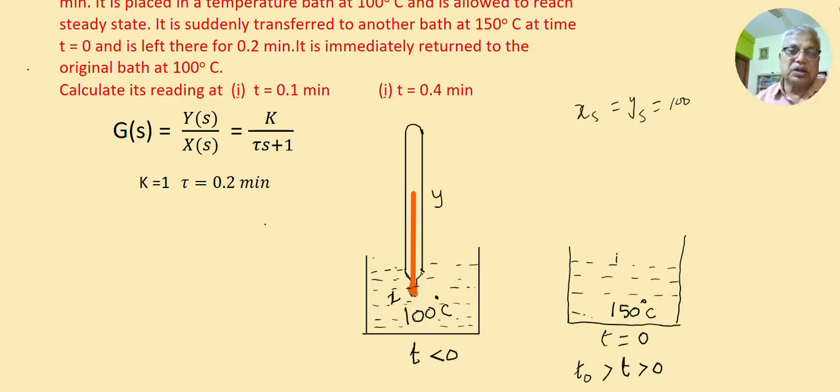Now at t equal to 0, what happens? The thermometer is suddenly transferred to a bath which is maintained at 150 degrees Celsius.